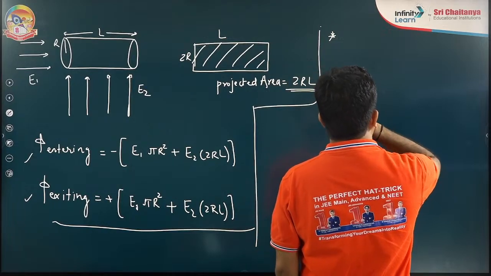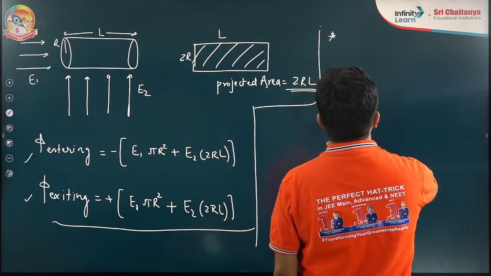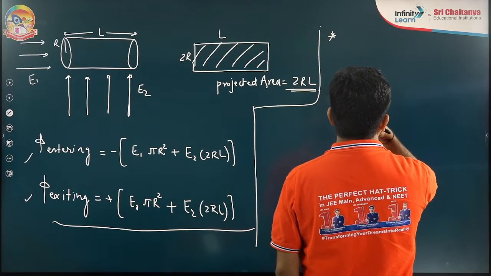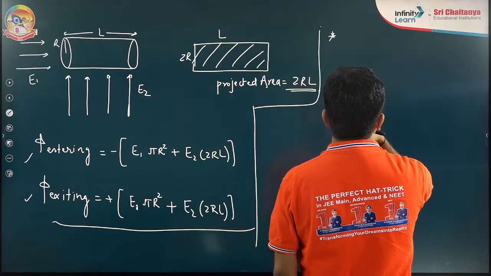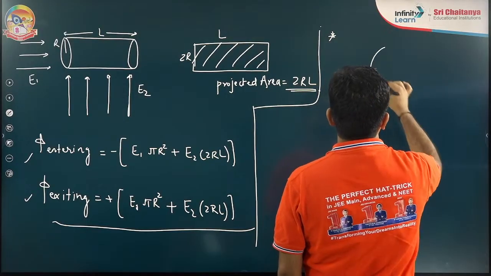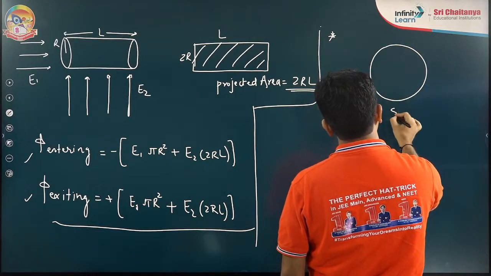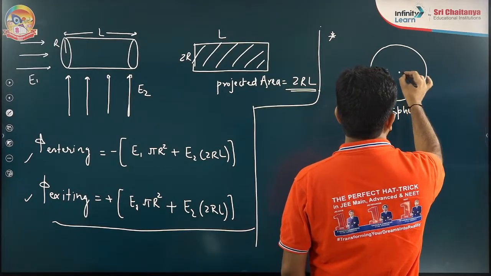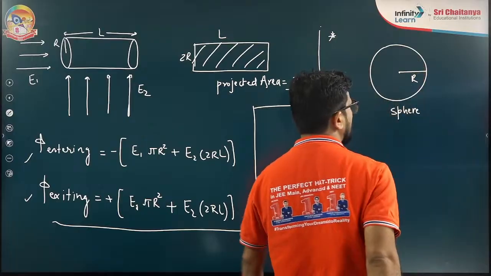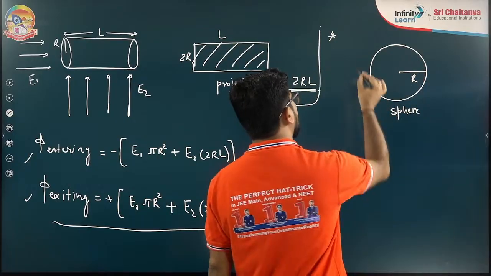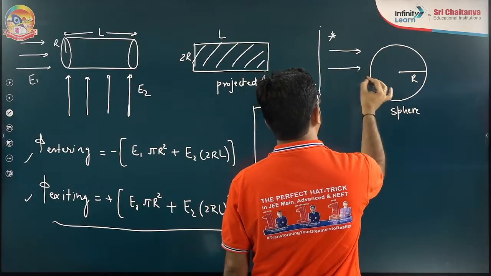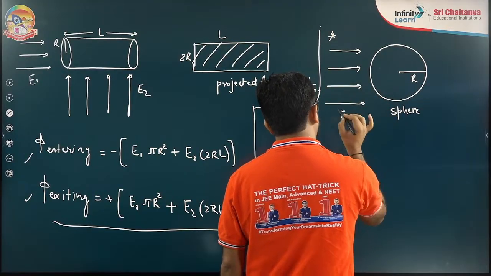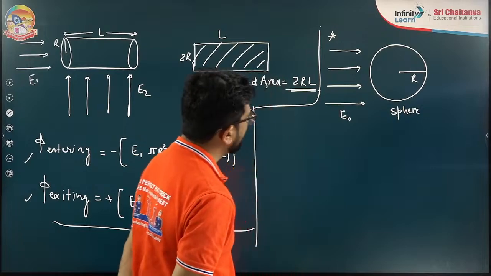This is one sphere, beta, and its radius is equal to R. From this side there is one field, and that field value is equal to E naught. What is the field? E naught.